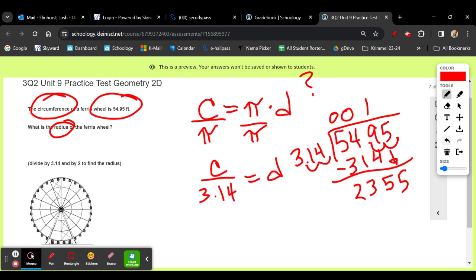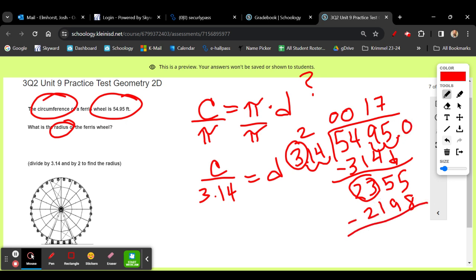Bring the 5 down. I'm going to estimate 3 divides into 23 about 7 times. So 7 times 4 is 28. 7 times 1 is 7 plus 2 is 9. 7 times 3 is 21.